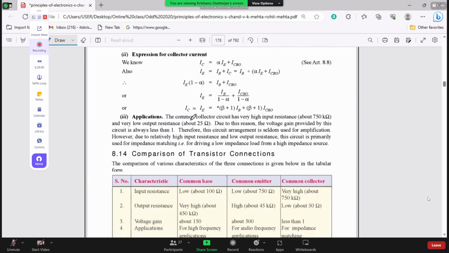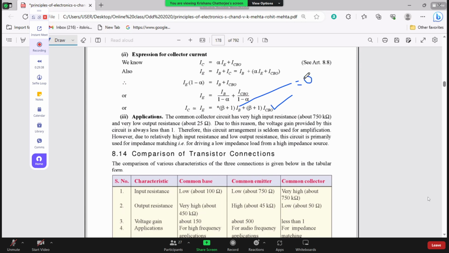IC equals to beta plus 1 IB plus beta plus 1 ICBO. It should be in terms of ICBO only. Yes or no? Now, which is not written here, if you open the base collector junction, means your IB, you are making this equal to 0.